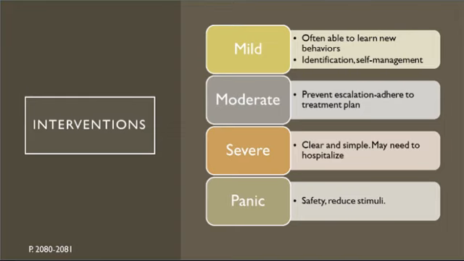Interventions: mild, often able to learn new behaviors; moderate, prevent escalation, adhere to their treatment plan; severe, clear and simple direction, may need to be hospitalized; moderate sometimes will have to be; panic, safety and reduce their stimuli, pull them out of their situation. Patient teaching safety is a biggie.